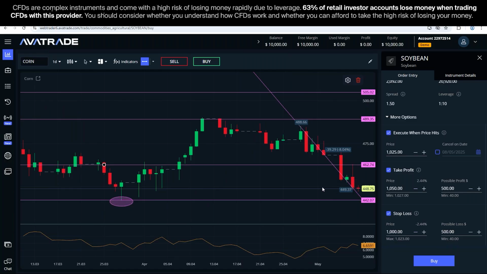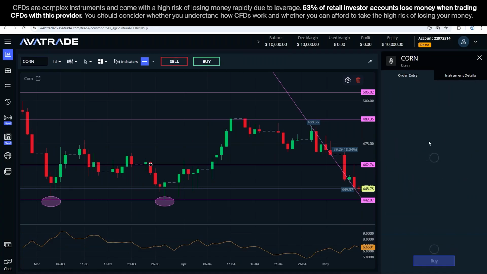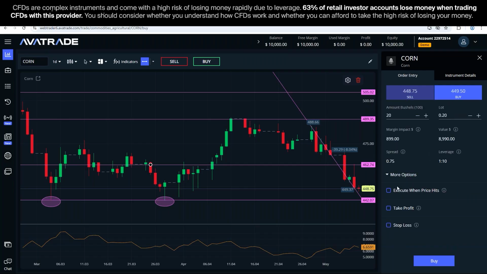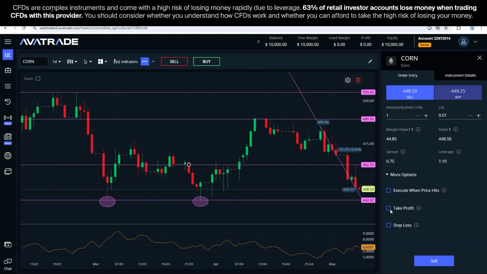Now, if for instance, we're going to click here on buy or sell to reset to the right menu. And if I click on sell and adjust the lot size to 0.01, and if I believe that corn still has a way down to go, we're going to click on the take profit.